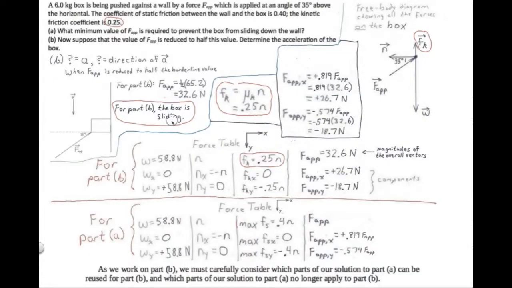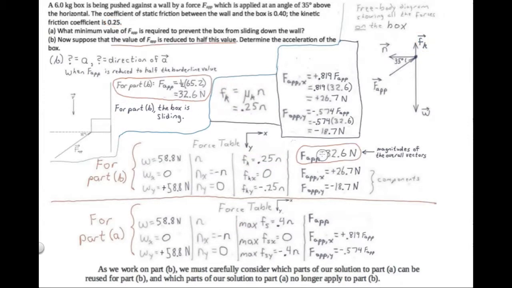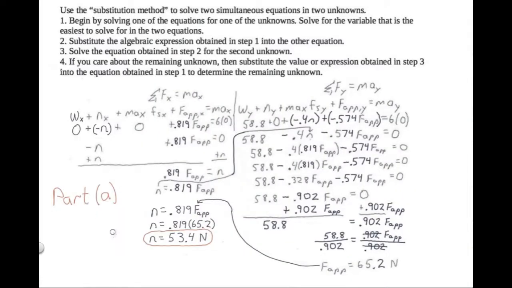For part B, the box is sliding, so we're applying kinetic friction, not maximum static friction. So we use the special formula for the magnitude of kinetic friction. We've decided that for part B, the magnitude of F applied will be 32.6 newtons, half the value we determined in part A. In part A, we found that the magnitude of the normal force is 53.4 newtons.